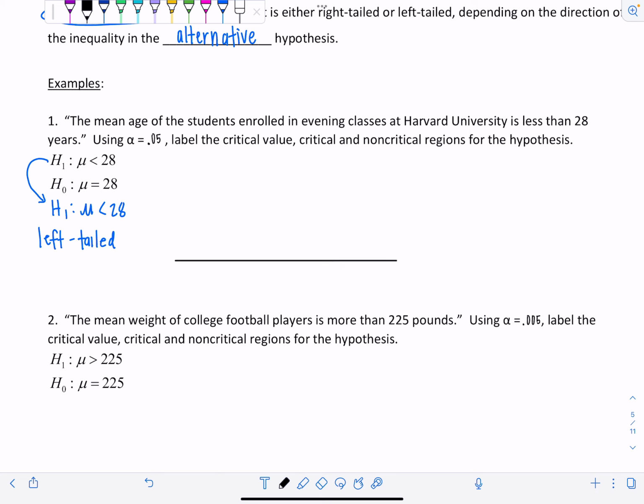Whatever alpha is, 0.05, since this is a left-tailed test, that's the probability or the proportion of area for our normal curve that needs to be in the left tail only. Okay, so since alpha is set at 0.05, this area here needs to equal 0.05. All right.